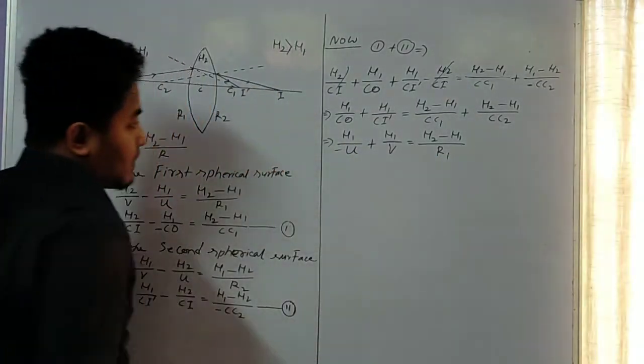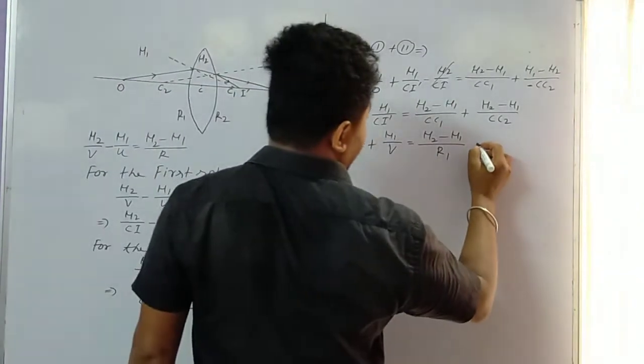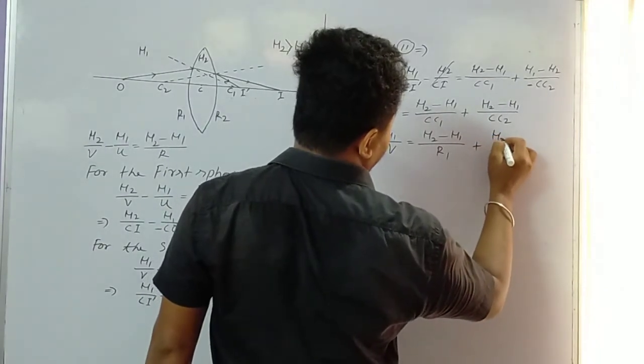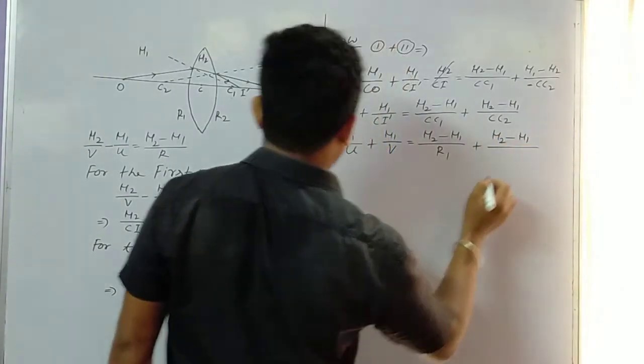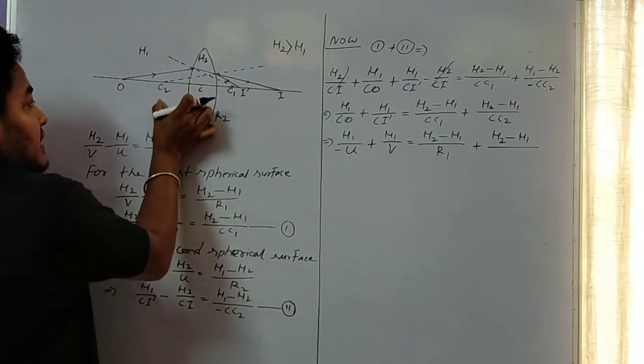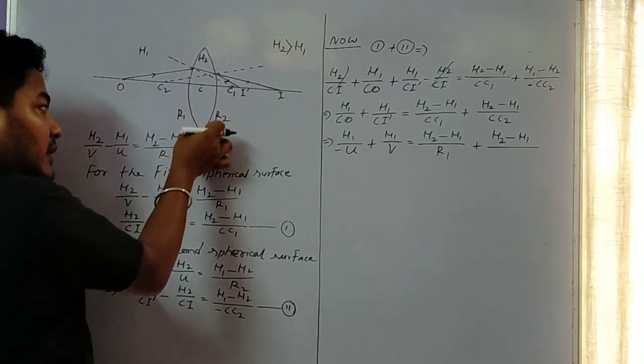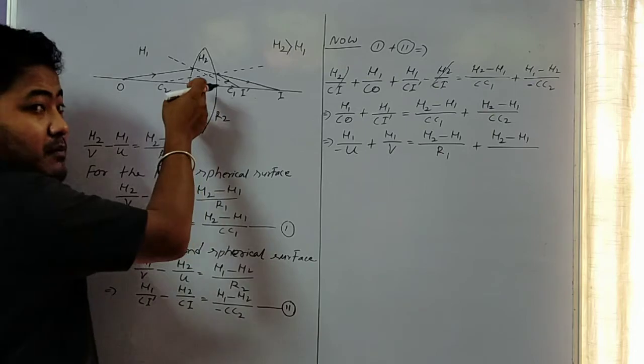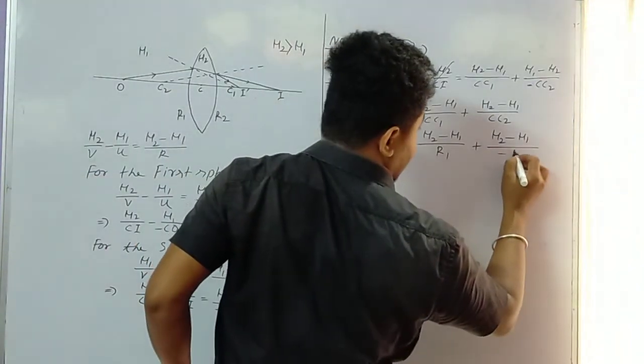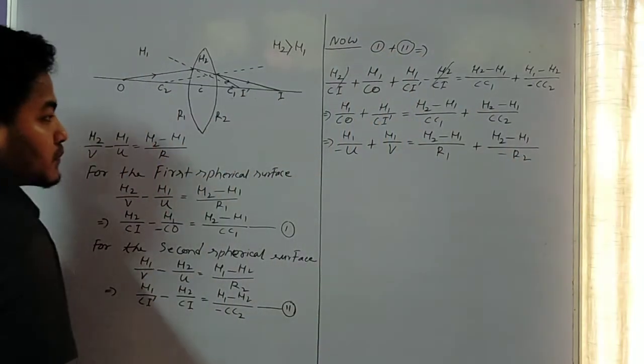This is r1 and it is positive itself, plus mu2 minus mu1 by CC2, this is the radius of curvature for the second refracting surface. This is r2 and it is going to be minus of r2.